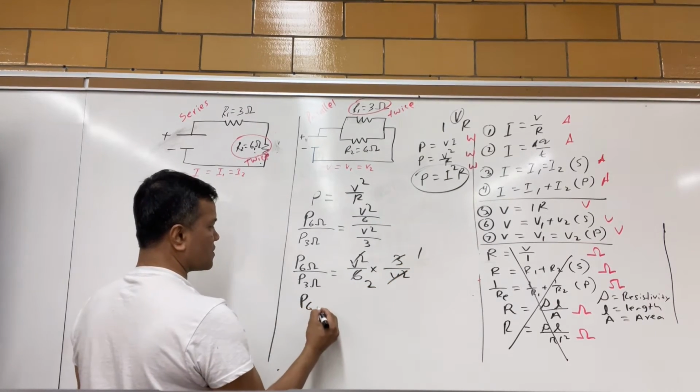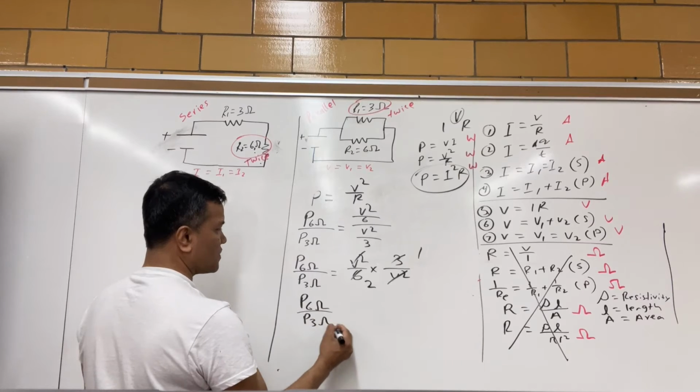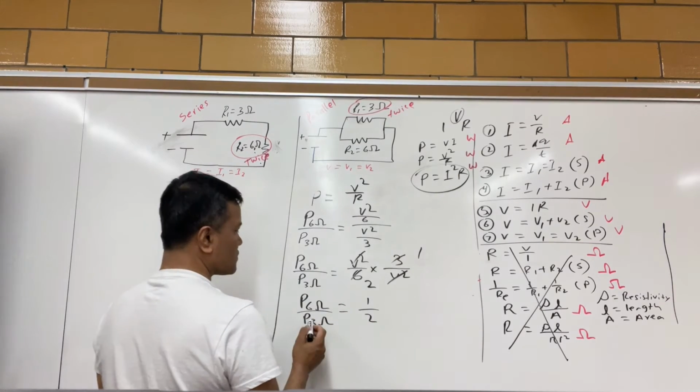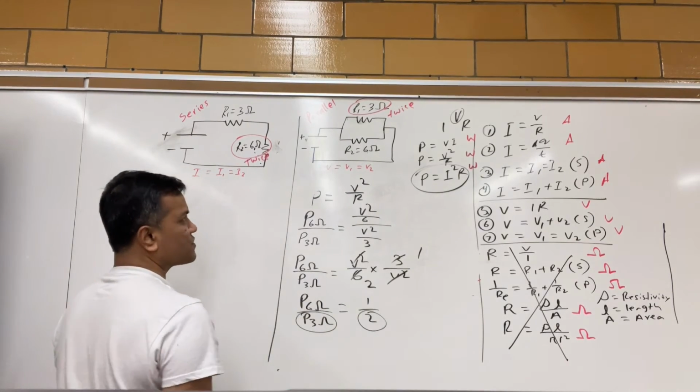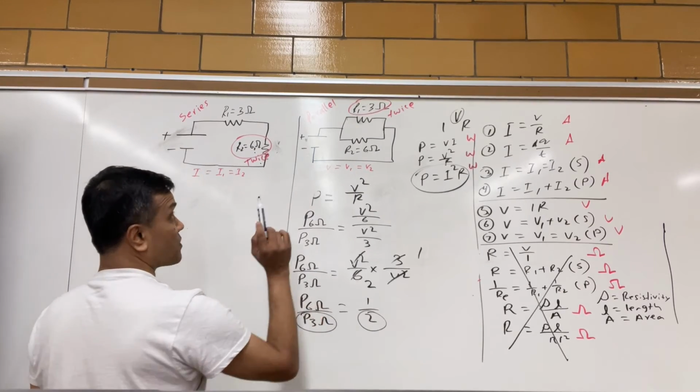So P 6 ohms over P 3 ohms is equal to 1 over 2. So the 3 ohms is twice as bright.